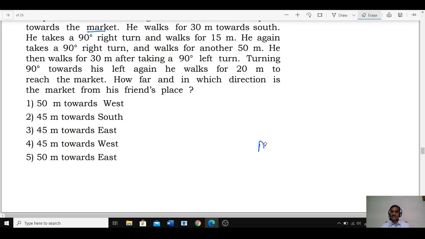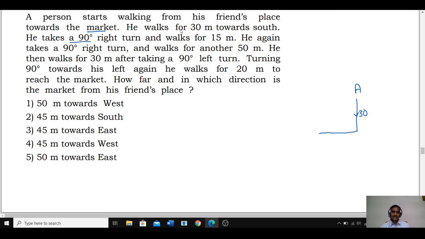He takes a 90 degrees right turn, and walks 15 meters. He again takes a 90 degrees right turn and walks for 50 meters.